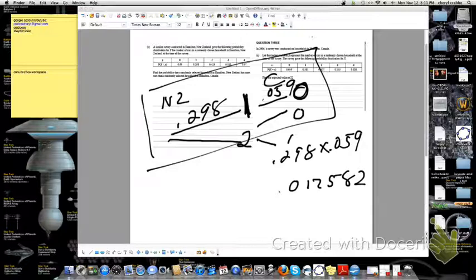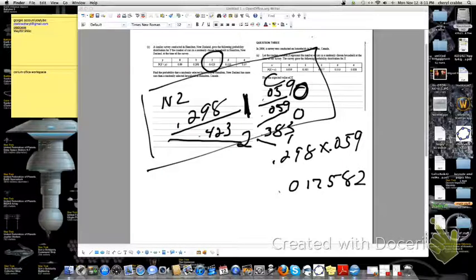So you look where New Zealand is 2, it's 0.423. And where Canada is 0, it's 0.059, and where it's 1 it's 0.383.